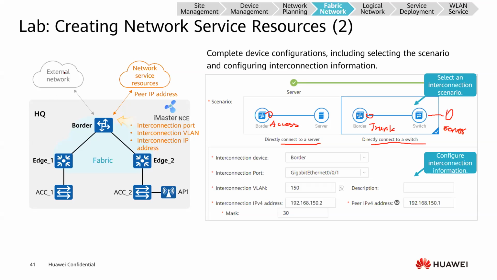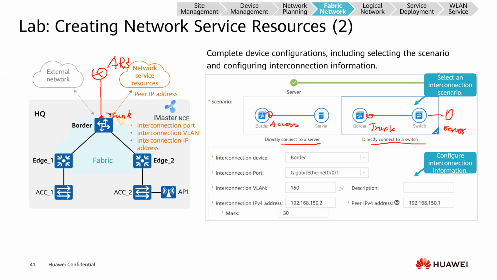Because in our experiment, we use the AR3 to simulate the external network as well as the network service resources, and all of them pass through one specific interface of the border. So it will carry a lot of traffic. We need this interface to become a trunk interface.